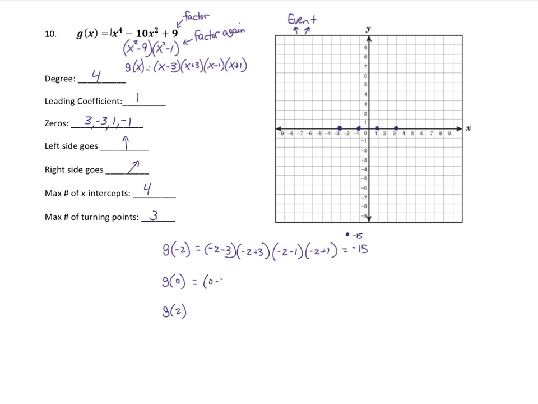When we plug 0 in there, 0 minus 3, 0 plus 3, 0 minus 1, 0 plus 1. So we're going to have positive 9. And then when we plug positive 2 back in there, we should get negative 15 also. So 2 minus 3, 2 plus 3, 2 minus 1, and 2 plus 1.